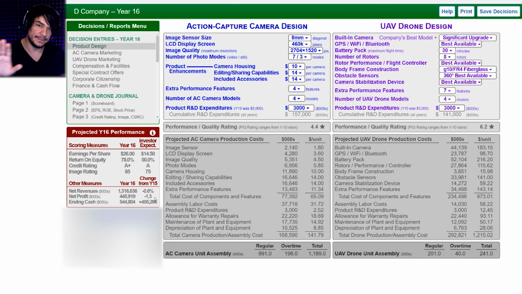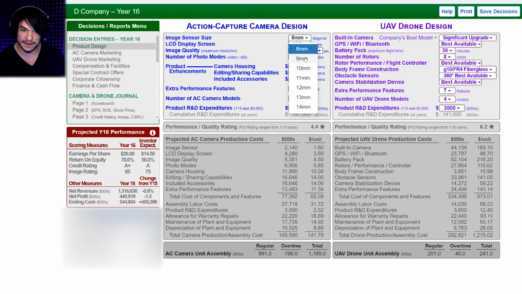And don't get scared. These projections are because we haven't adjusted anything, so we can play around. Let's say we want to go to a 9mm lens. We can look down at the projected performance and see that it brings our net profit down, but technically it'll bring demand up.